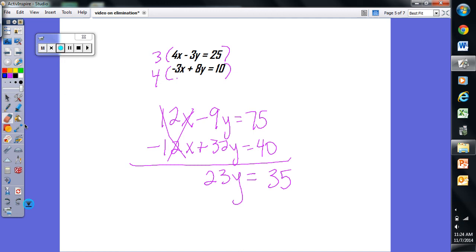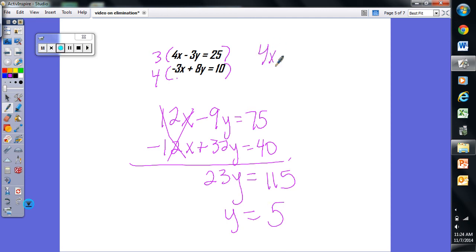Right. I'm subtracting. That makes more sense. 75 plus 40 is 115. Okay. So now when you divide by 23, y is 5.